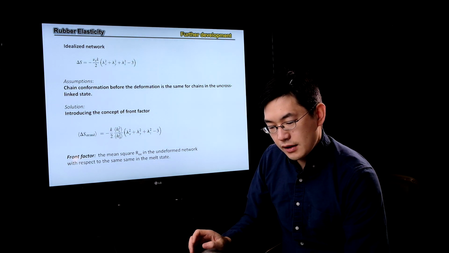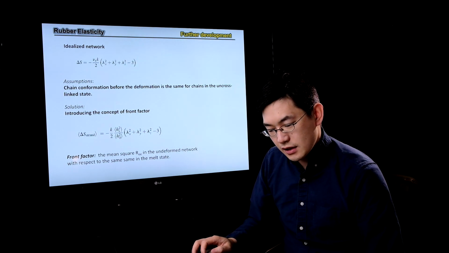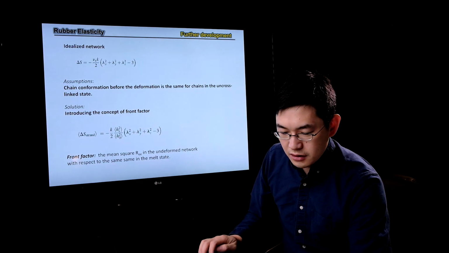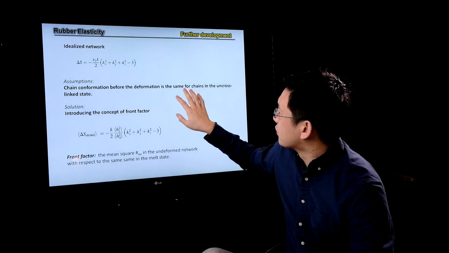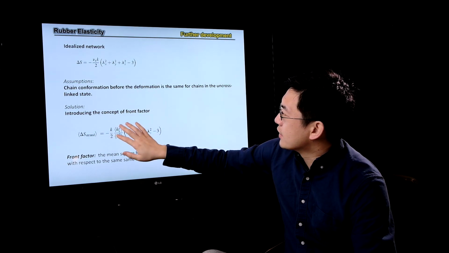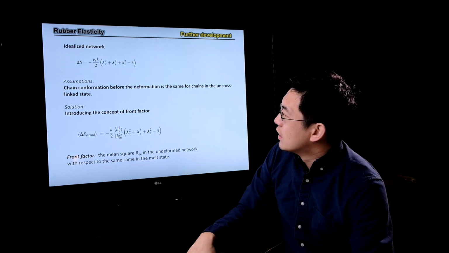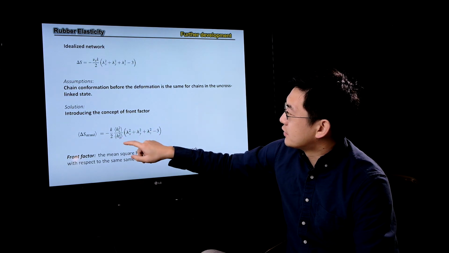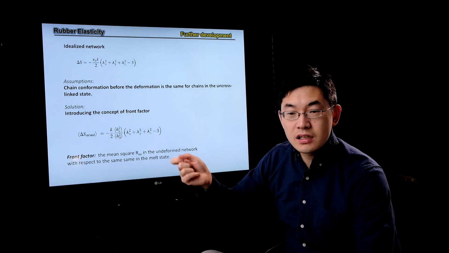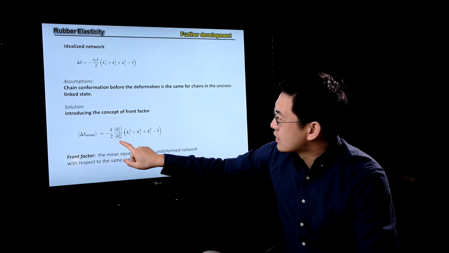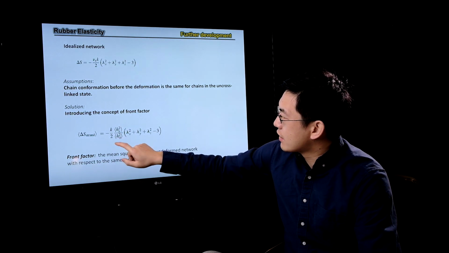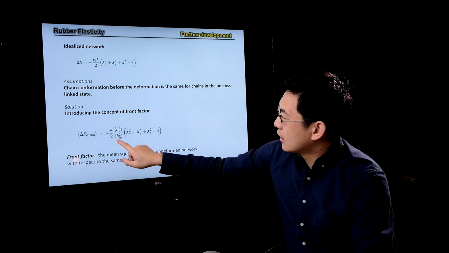The other one is regarding the idealized chain network. This assumption says the conformation before deformation is the same as after deformation. This one just needs a conceptual correction factor, because crosslinking might slightly change the chain conformation. So what people did is slightly modify the h value, adding hi and h0.